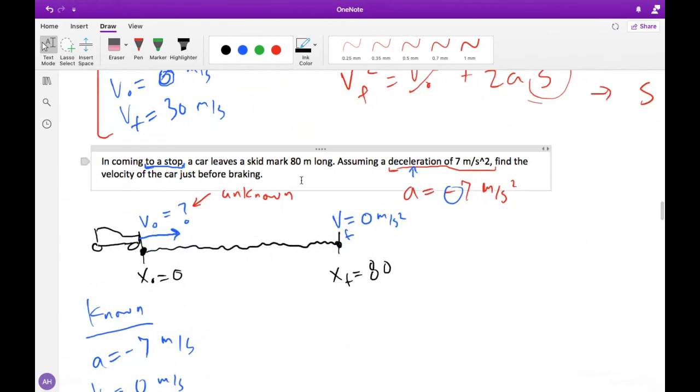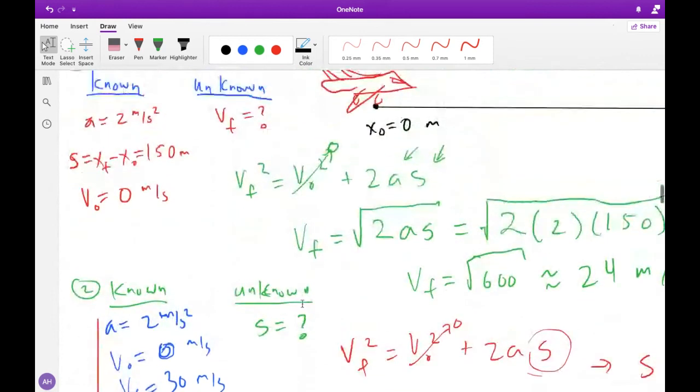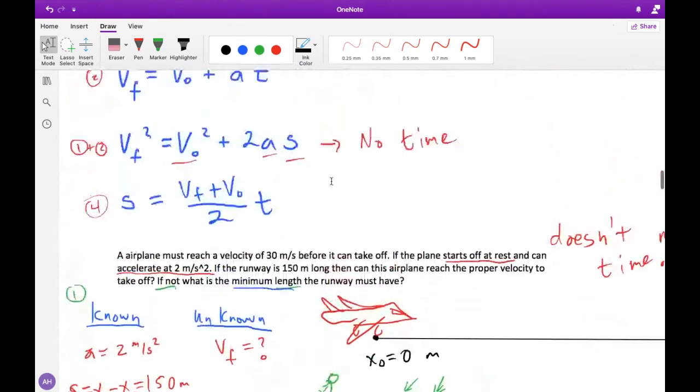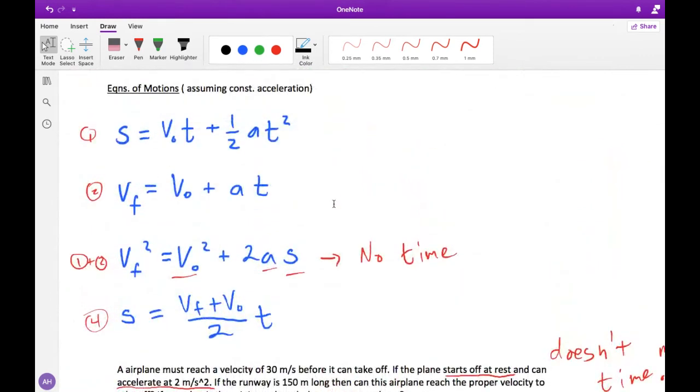And similar to the last problem, no time was mentioned, so we can again use this third equation. And don't think that we don't use the other equations. It just so happens that I chose 2 examples that need this same equation. So we can use equation 3 again.